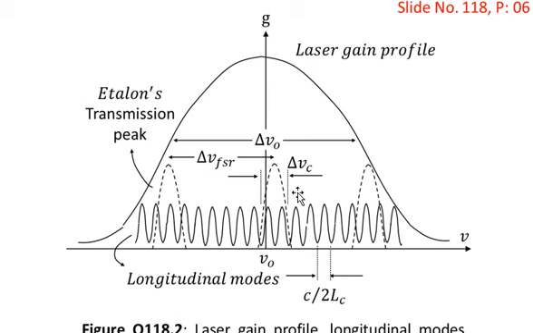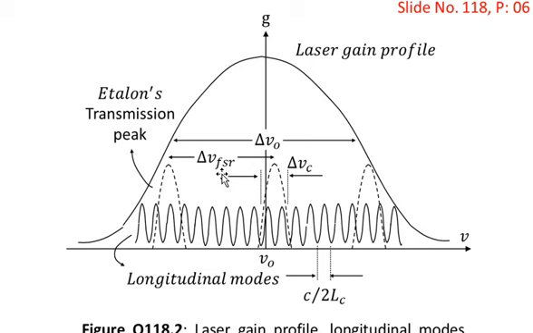And that's why we have the three transmission peaks corresponding to the Etalon over here. But if delta nu FSR is greater than the half width of the laser gain profile, that is, if delta nu FSR is greater than delta nu naught by 2, then you see that only one transmission peak, or at least two transmission peaks, could occur in the laser gain profile, and so two longitudinal modes could be selected.